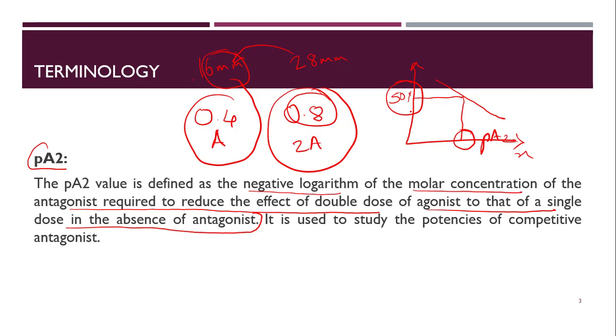Okay, so this particular method, that is pA2 value, helps us to determine whether the antagonist is competitive or non-competitive. So that particular point we will be studying in further slides. Okay, so let's just move forward so that you will get more understanding of the things.